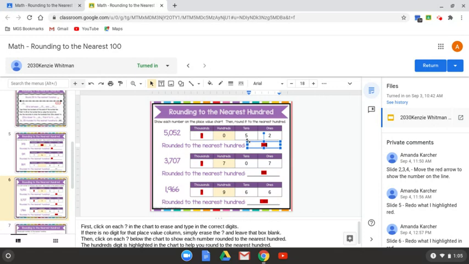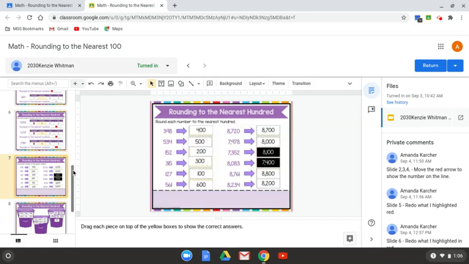So 5 or more, raise the score, round up. 4 or less, let it rest, round down. So if we round up, because this is a 5, it'll turn the 0 into a 1. So then it would be 5,100. I hope that makes sense. So make the corrections on here that are highlighted in red.